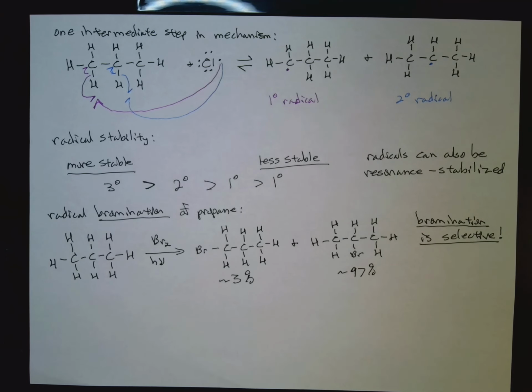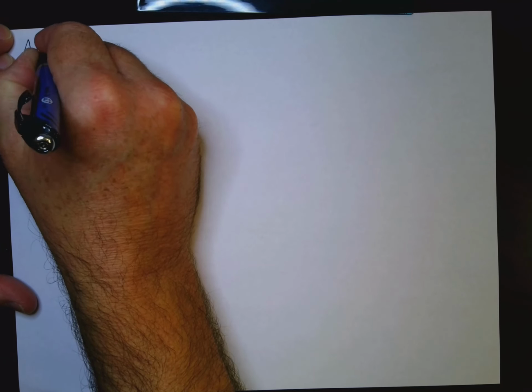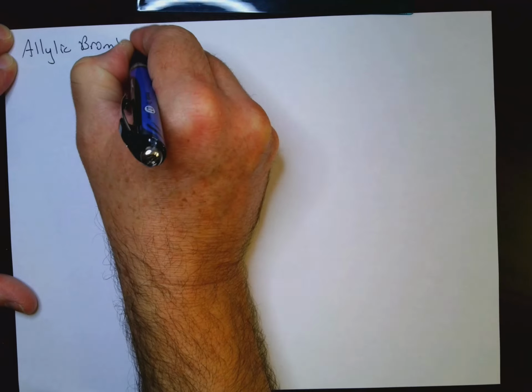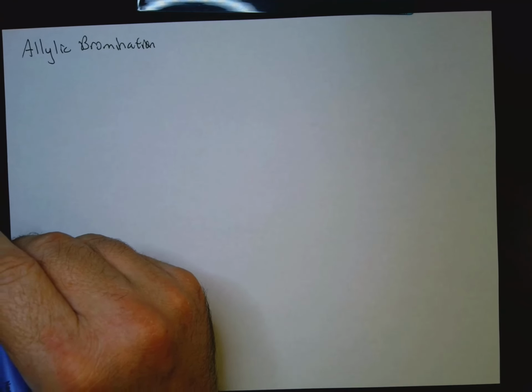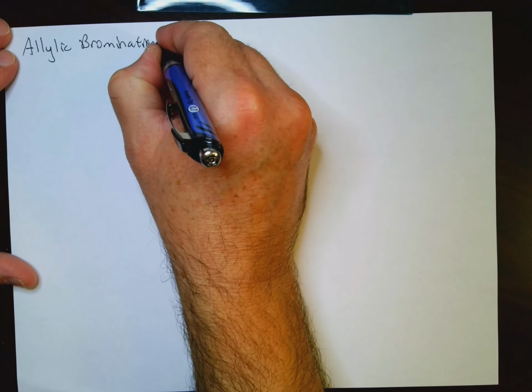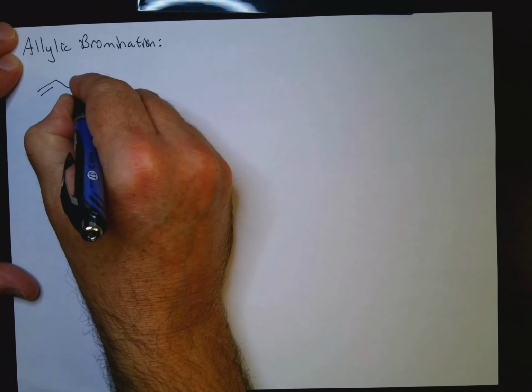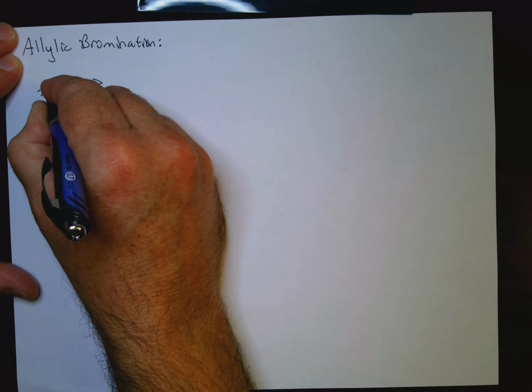Let's say you wanted to do what we call allylic bromination. What is allylic bromination? Well, allylic bromination is doing the following.